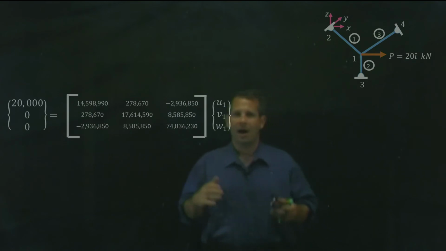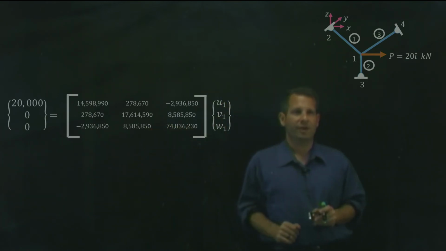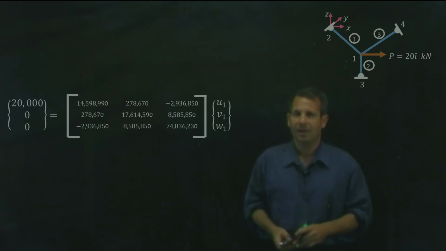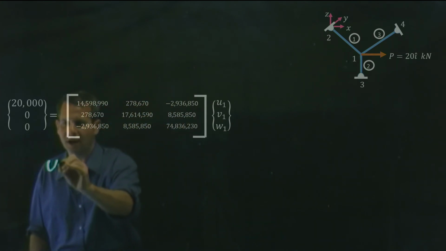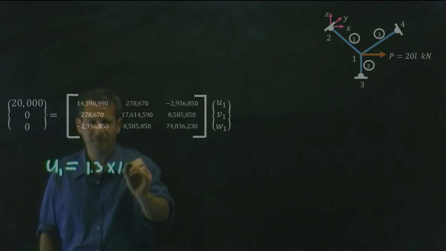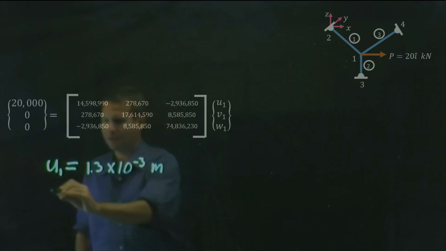I can solve this by hand. I can write this out as 3 equations and 3 unknowns and use substitution. I can use my calculator, or I can use MATLAB. Whatever method you use, you should find a displacement U1 of 1.3 times 10 to the negative 3 meters.